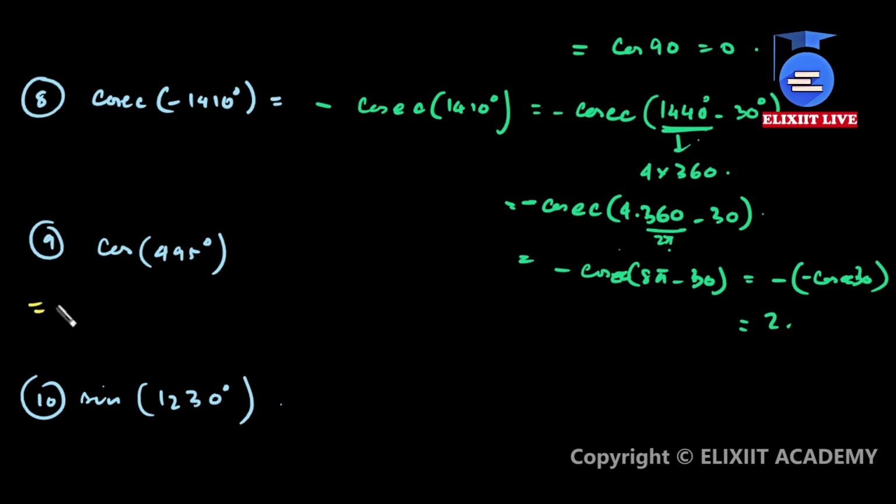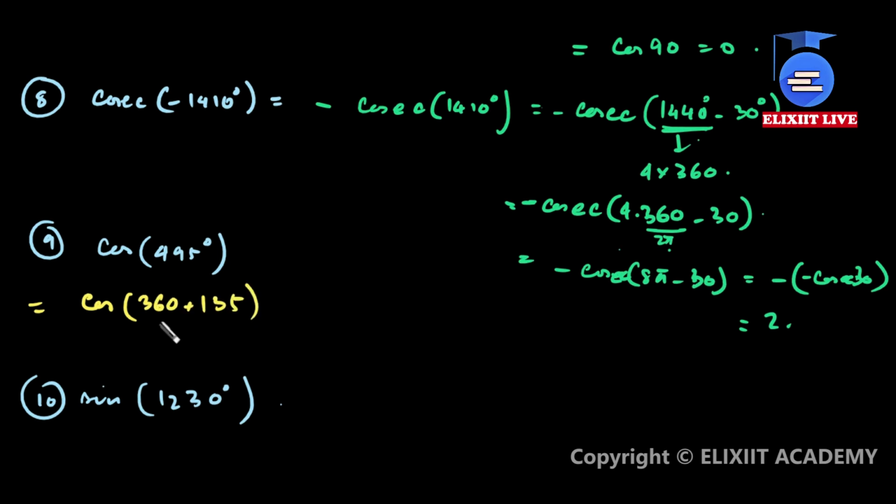Cos 495, we can think of it in this manner: 360 plus 135. You can break it by parts and then solve.